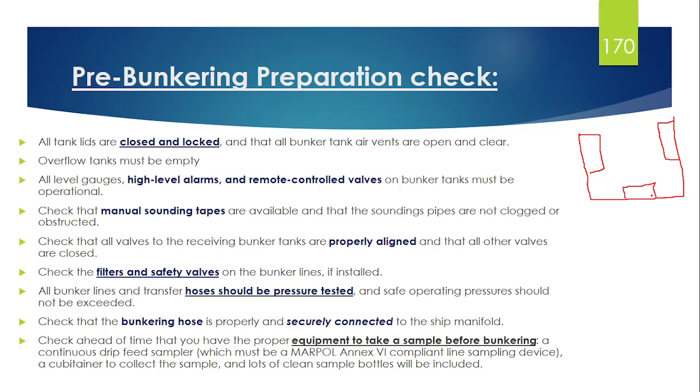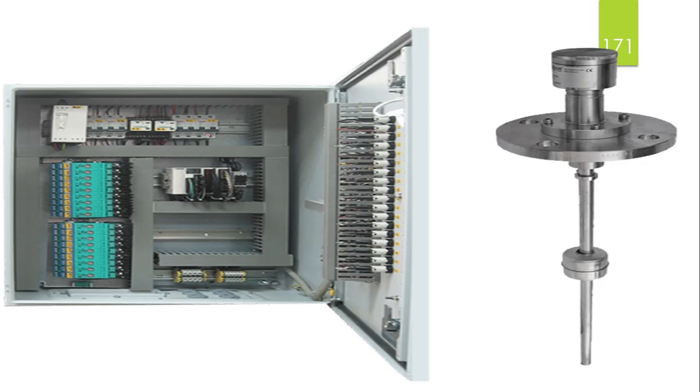After that you have to make sure that your overflow tank is empty. This is the overflow tank and this should be empty, because it has a connection so that if any overflow occurs, it will come from here to the overflow tank. So your overflow tank should be empty and your tank valves should be fully closed. After that you have to check your high level alarm.